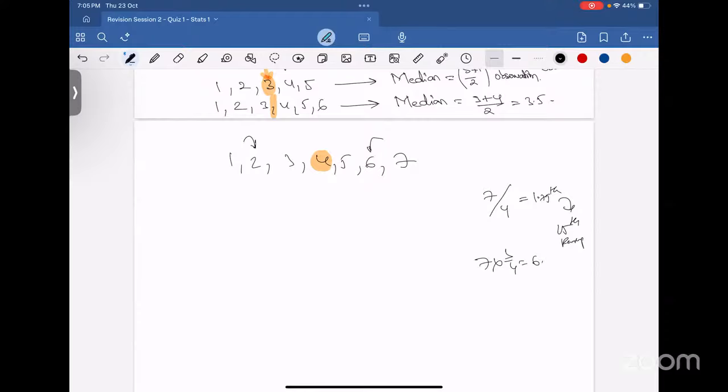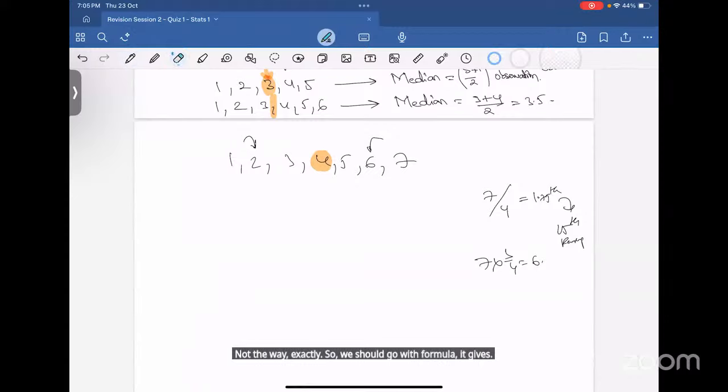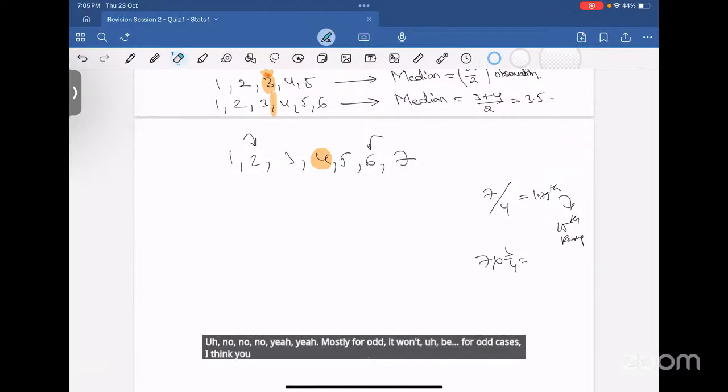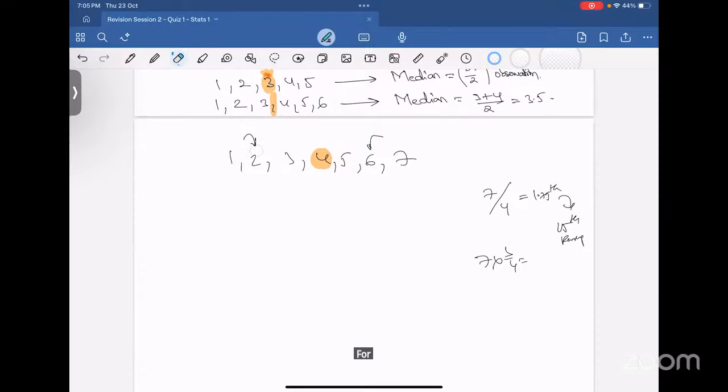But it is not equal to 2 and 6, right? It is approximately near, not the exact one. So we should go with the formula, I guess. Mostly for odd cases, I think you just have to use the formula. For even cases, it will work.